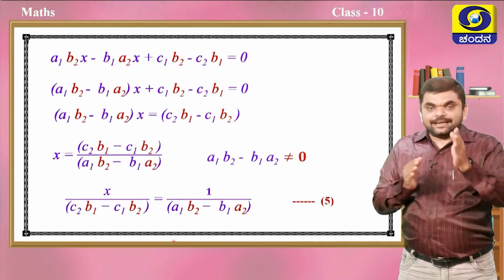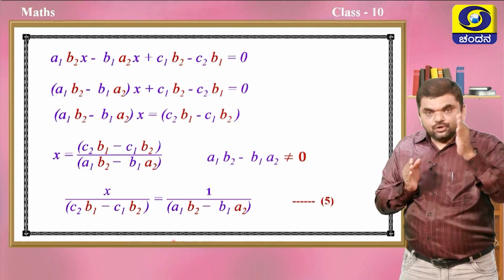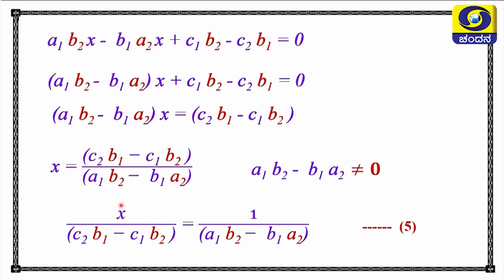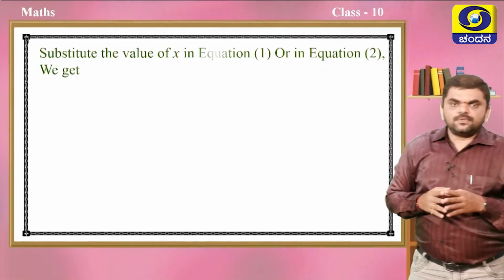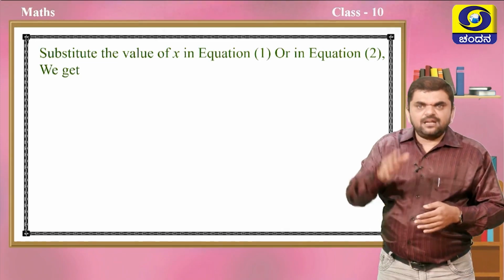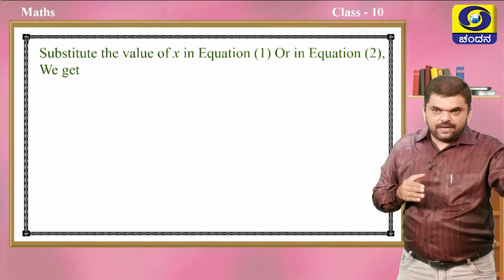Now transfer the numerator of the RHS to the left hand side. What it becomes? x by c2 b1 minus c1 b2 is equal to 1 over a1 b2 minus b1 a2. Let us consider this as equation number 5, children. Substitute the value of x in equation number 1 or in equation 2, we will get the value of y.